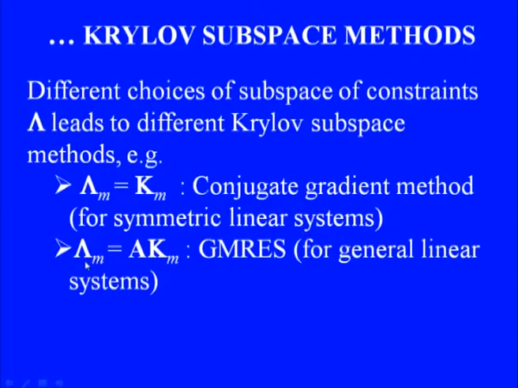And if lambda m is equal to A K_m, we get a powerful method called GMRES for general linear systems. So, there are different possibilities for different types of Krylov subspace methods. For details, please refer to the book of Saad indicated earlier.